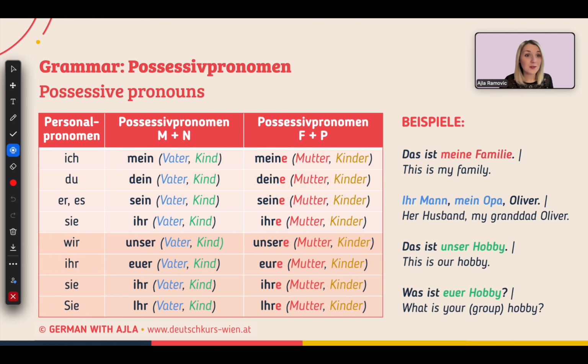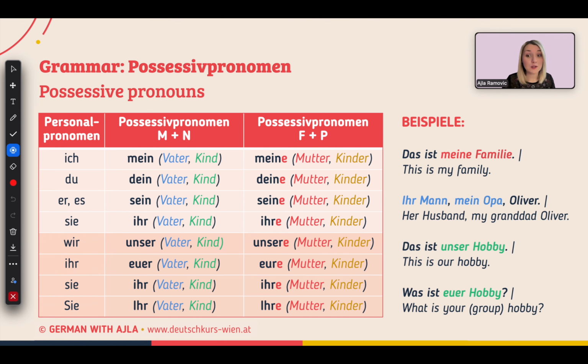So please do not get confused here. You will use this possessive pronoun sein und seine mostly when referring to a male person, when you want to say that something belongs to a male person. The same rule grammatically applies.